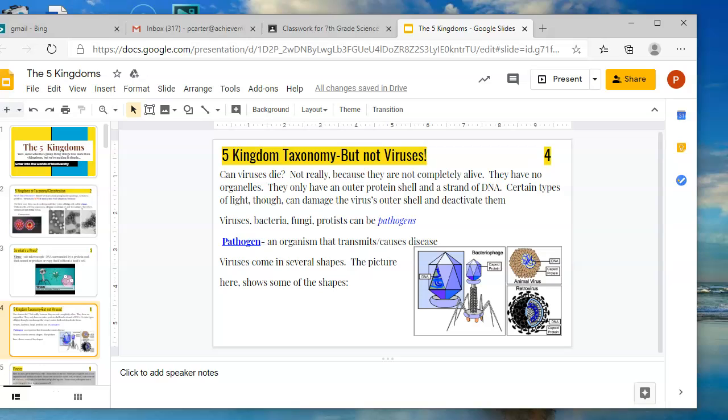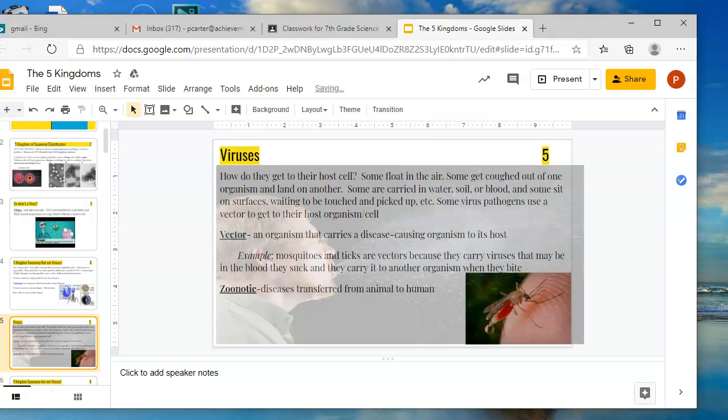Viruses come in several shapes. The picture here shows some of the shapes. Viruses, how do they get to their host cell? Well, some float in the air, some get coughed out of one organism and land on another. Some are carried in water, soil, or blood, and some sit on surfaces, waiting to be touched and picked up, etc. Some virus pathogens use a vector to get to their host organism cell.